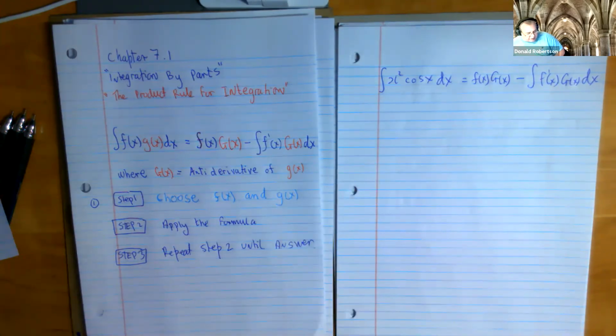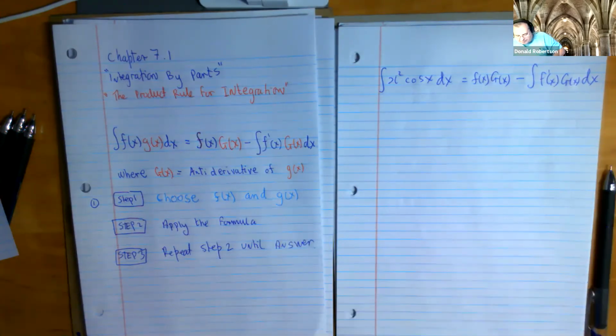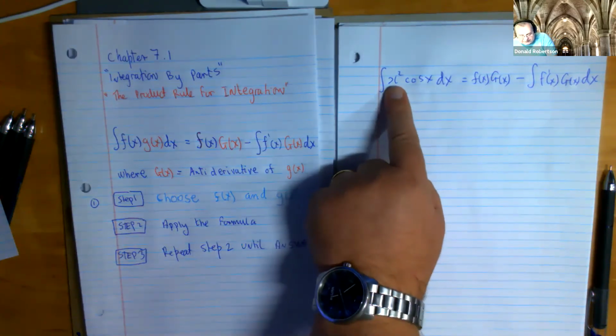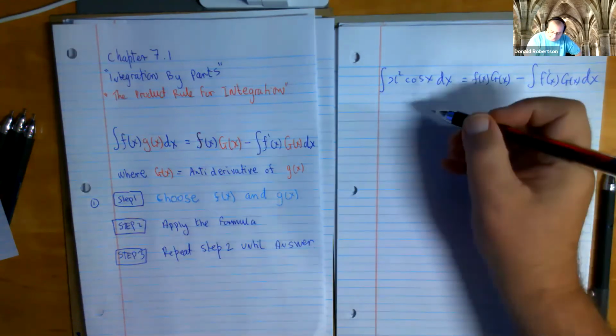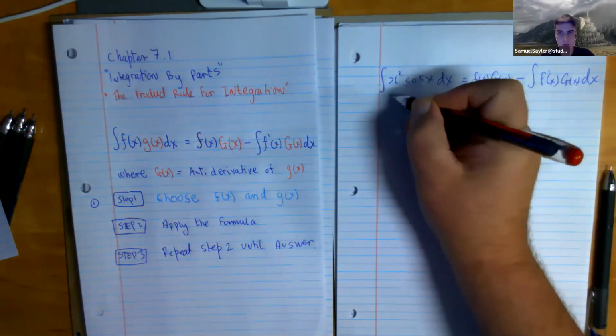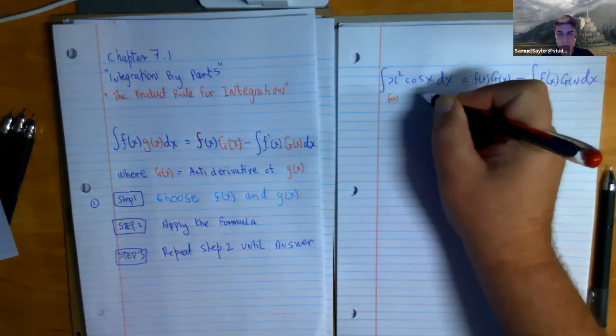One of these two has to become my f of x. I like to focus on who the f of x is because the other one's g, wants to know f. So who's f of x going to be in this story? x squared. Great.